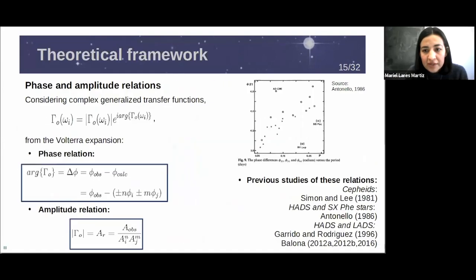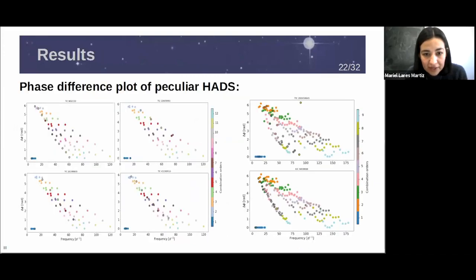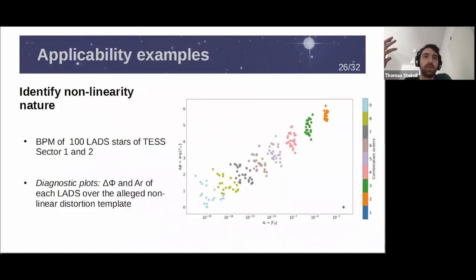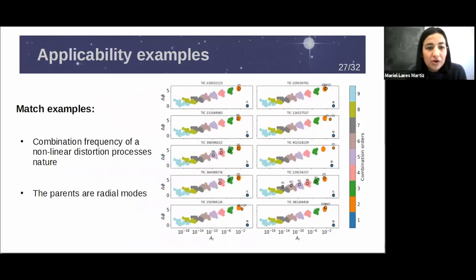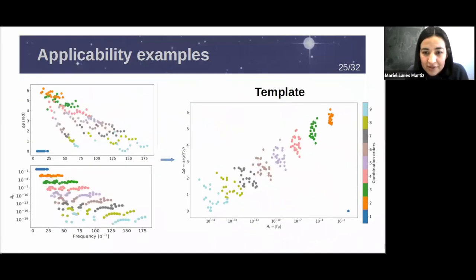You mean, that they are not from a nonlinear distortion process? We only have a template valid for high amplitude delta Scutis, and they are usually pulsating in radial modes.